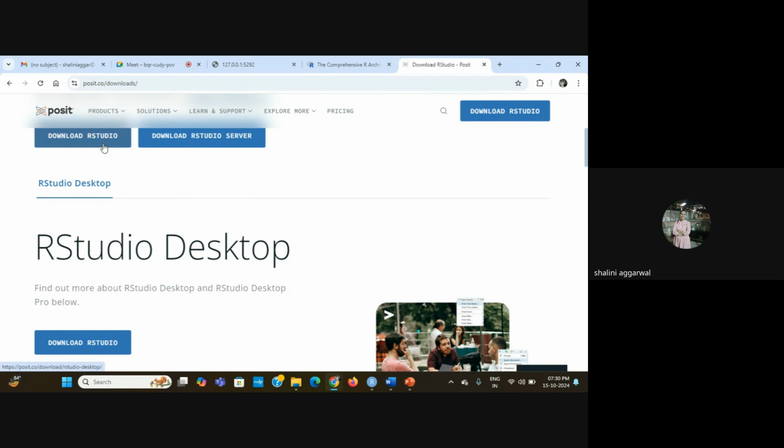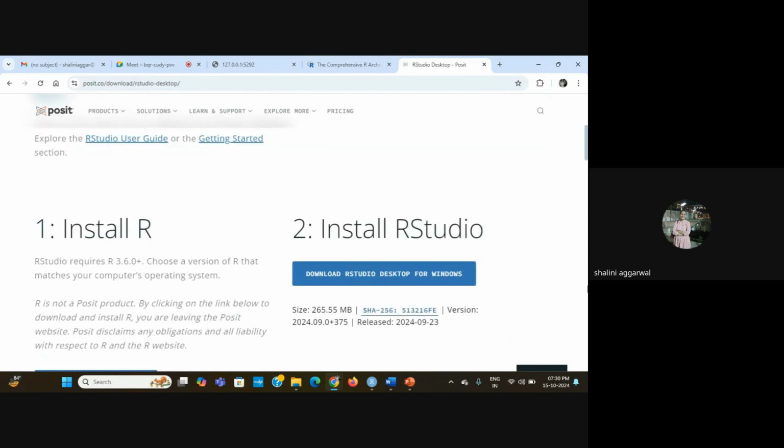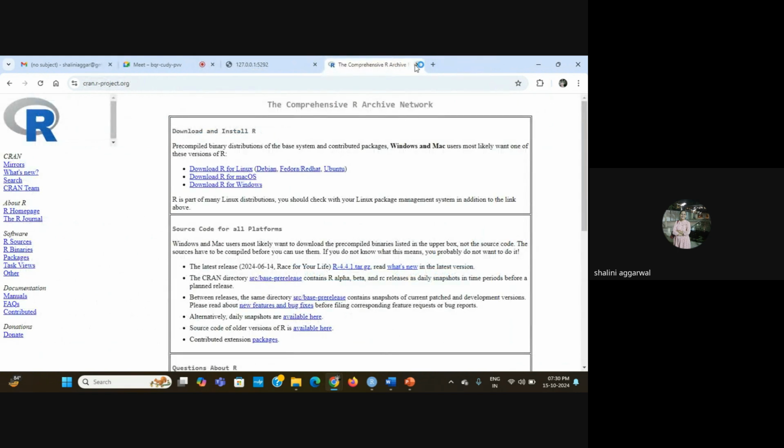You can download R Studio, for desktop or Windows. You can download it from here. Once you have downloaded this, let me close this extra.